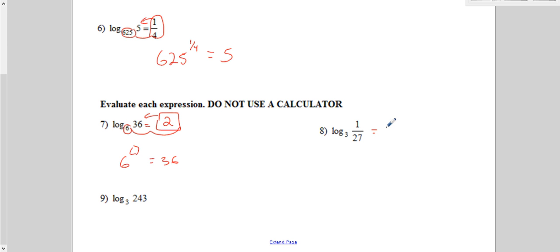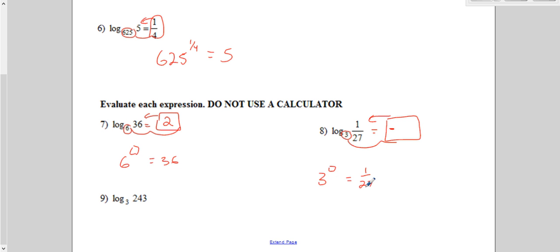So same thing here. I'm going to create this box, and we're going to have 3 to what exponent? 3 to what exponent equals 1 over 27. Okay? Because this is a fraction, I should know that my exponent needs to be a negative number. So it's negative something.